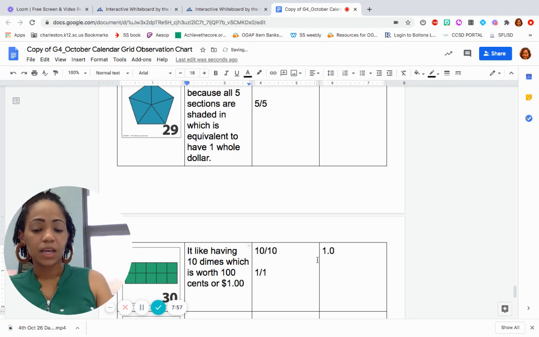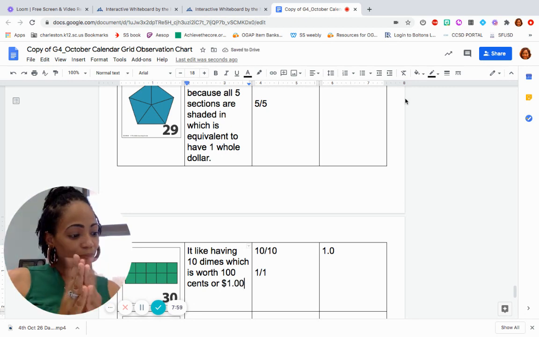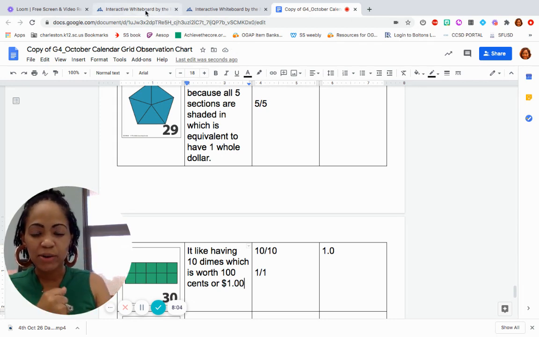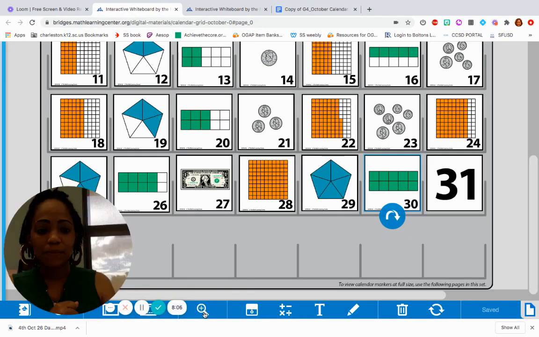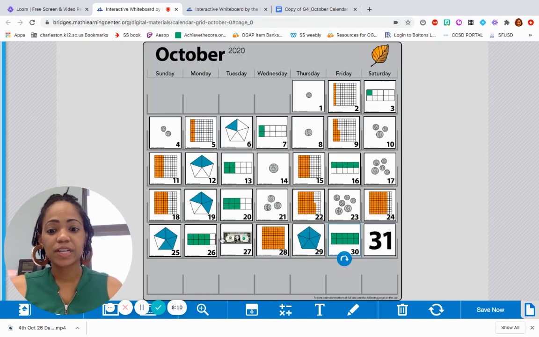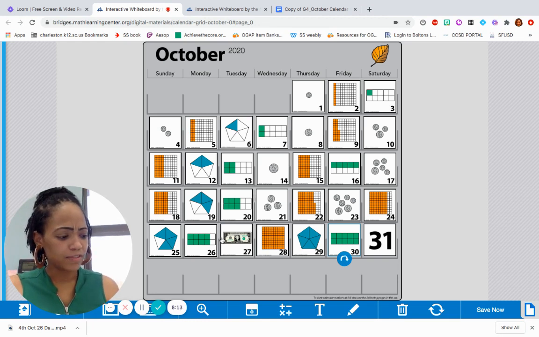Right, so now, what are some observations, some final observations you guys can make about what has happened with our calendar grid this month? Final observations.